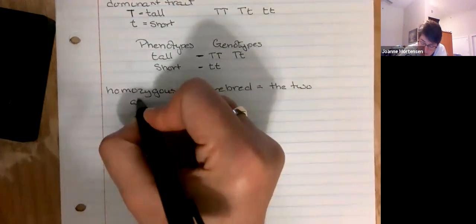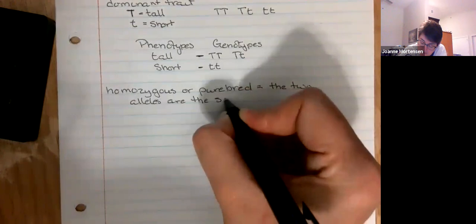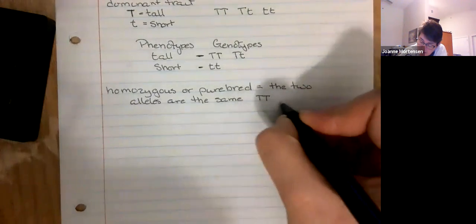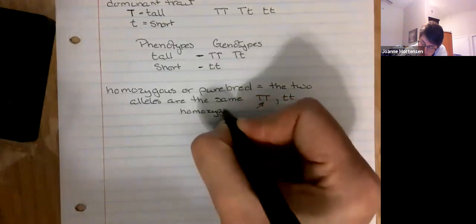Either way, what it means is the two alleles are the same. So we talk about trolls, capital T capital T, or little t little t. Okay, so this will be called homozygous dominant, and this one will be homozygous recessive.